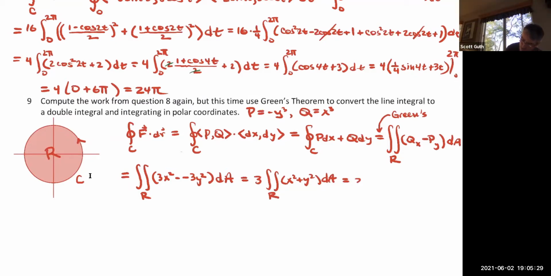This will be r squared, and dA will be r dr d theta. What's the radius of the circle? This is a circle of radius 2, so let's put some 2's down. r goes from 0 to 2 and theta from 0 to 2 pi.